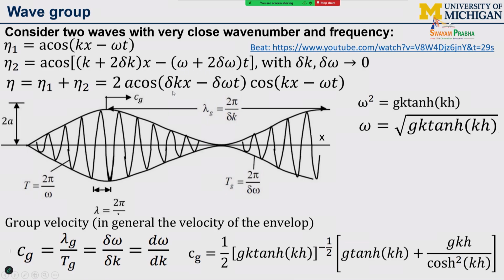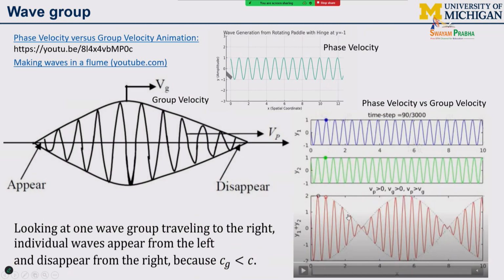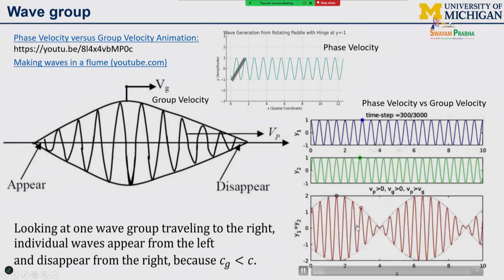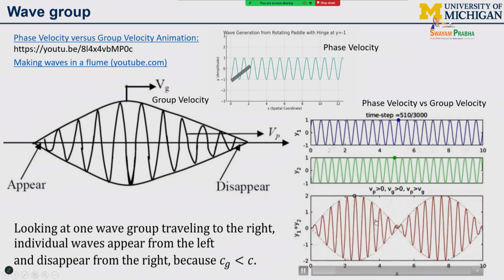The velocity of the envelope's motion should be delta omega divided by delta k, and if delta is small enough, it is d omega dk, right? So that is the group velocity. This already gives a sense that the group velocity and the phase velocity are different.